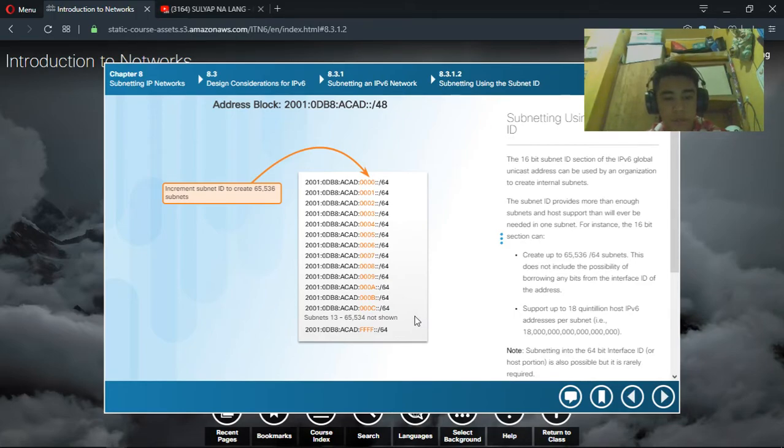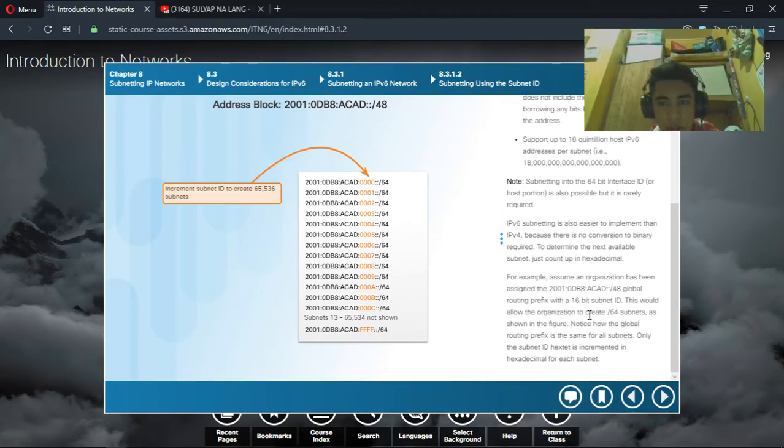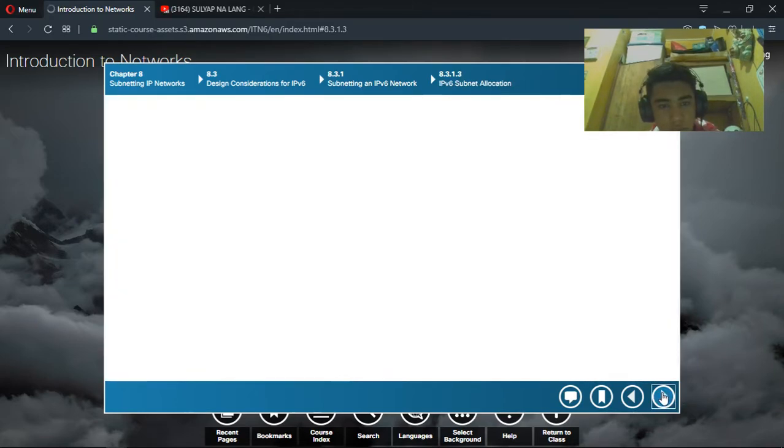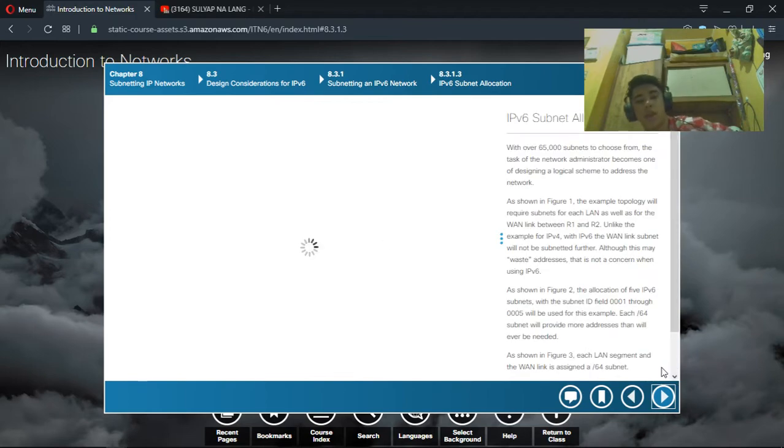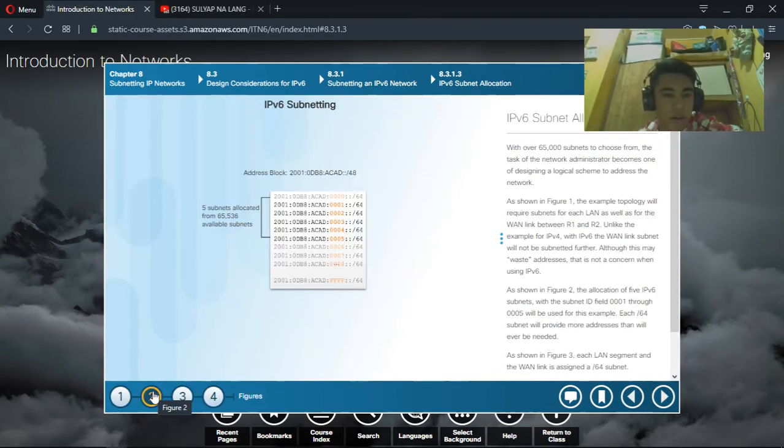Up to 65,536 subnets, until FFFF. IPv6 subnet allocation: address block with 5 subnets allocated from the 65,000 available.